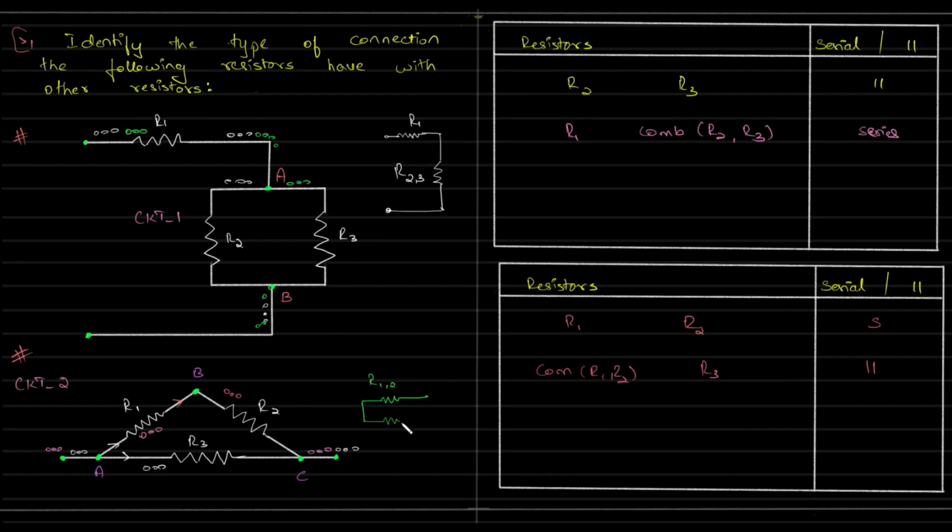And R3 will be in a parallel connection with R1, 2. Make sense? So the white electrons will go through this and the orange electrons, I think pink and I mixed it up, but yeah, the other bunch of electrons will go through the other circuit, not going through R3. So we have them to be parallel.